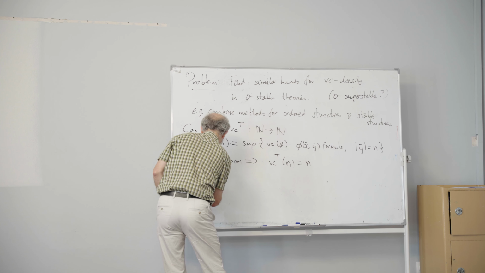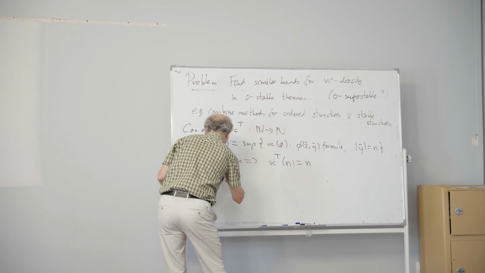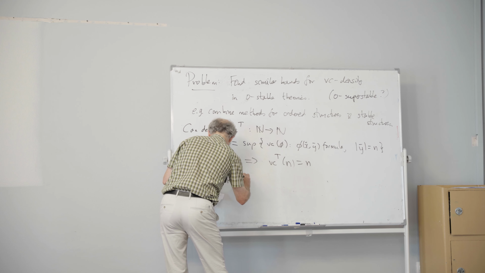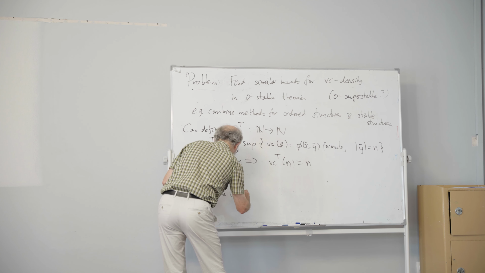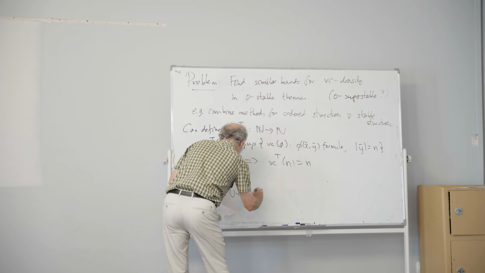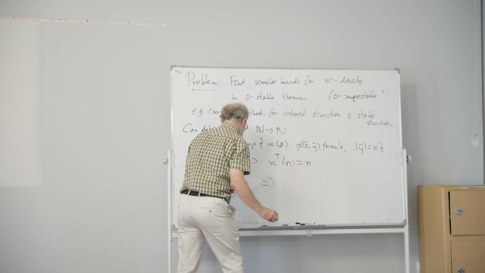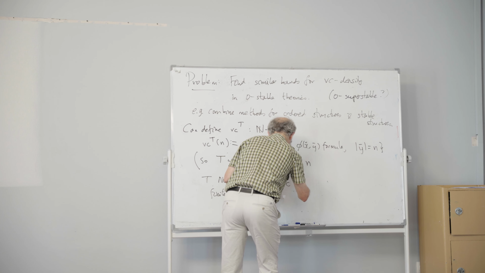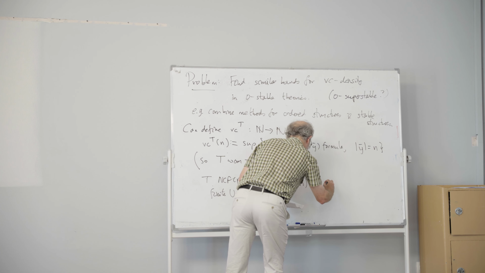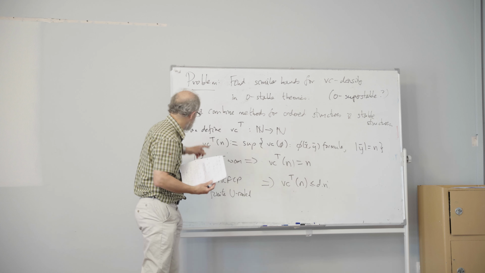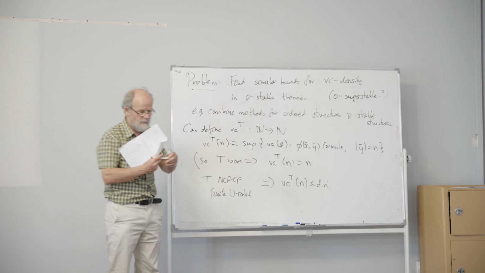And T NFCP of finite U rank D implies VC_T of n is less than or equal to D times n. So this is also an interesting function to look at.